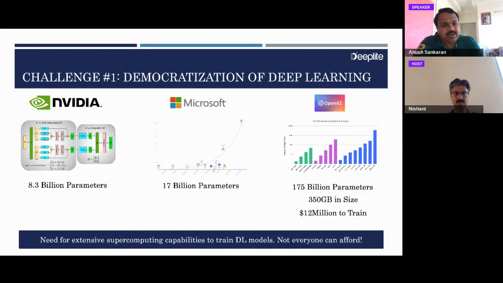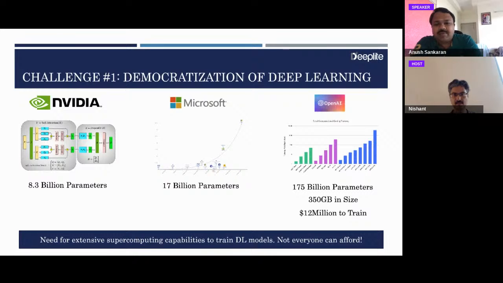Microsoft came up with the following model that performs better than Megatron, and it has 17 billion parameters. And OpenAI came up with GPT-3, which is supposed to be the state of the art model. It has 175 billion parameters, is 350 GB in size, and costs $12 million to train.